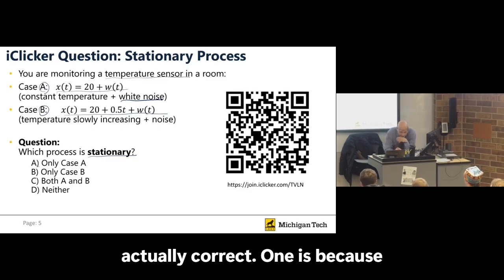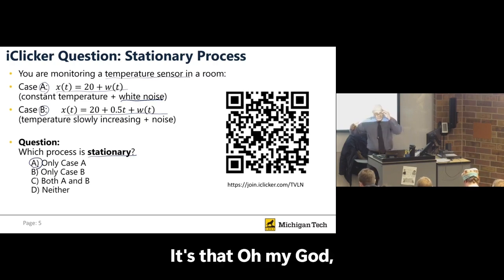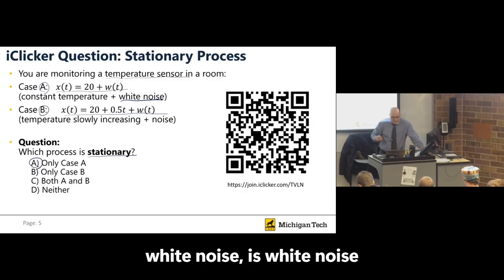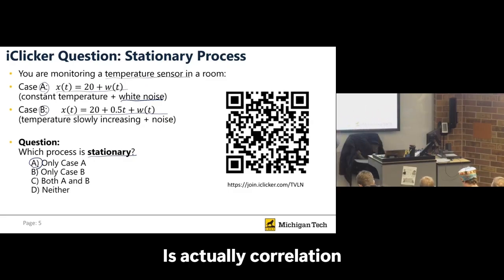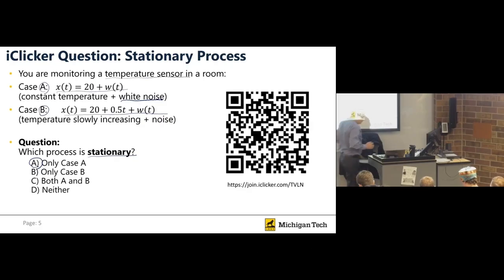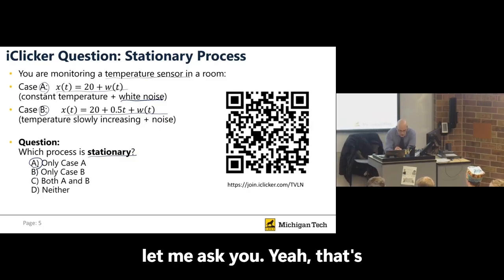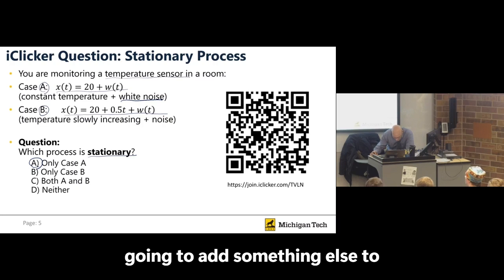The one is not a function of t; the WT is white noise and its correlation is 0, so this is stationary. That's good, but I'm going to add something else to that question.